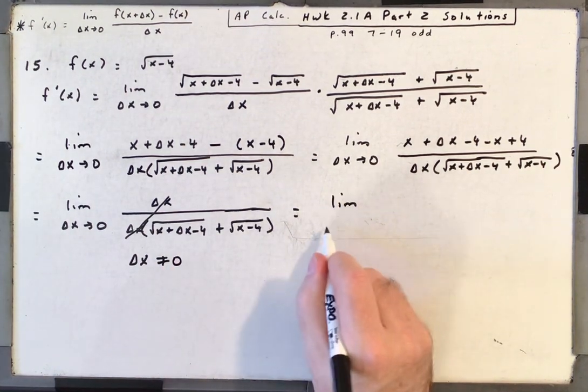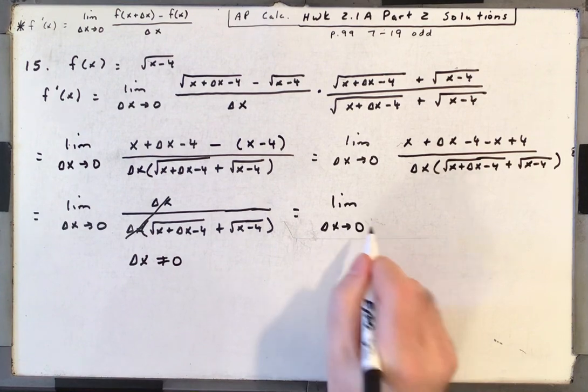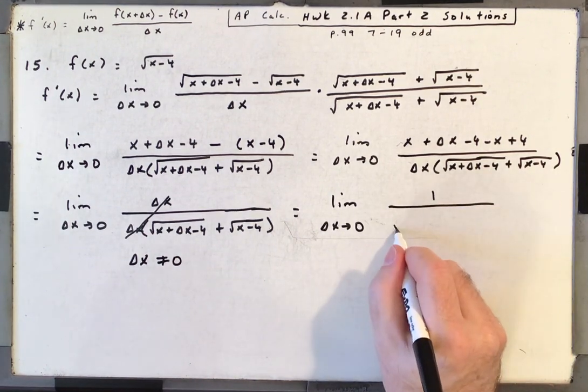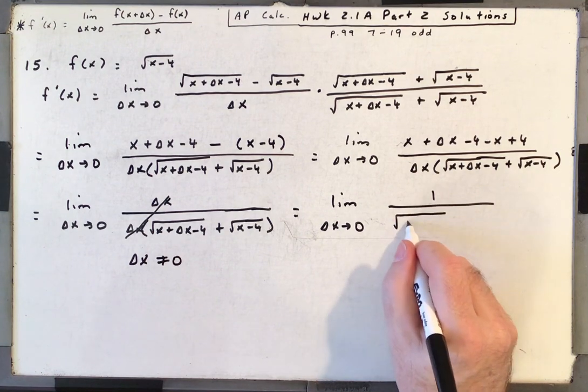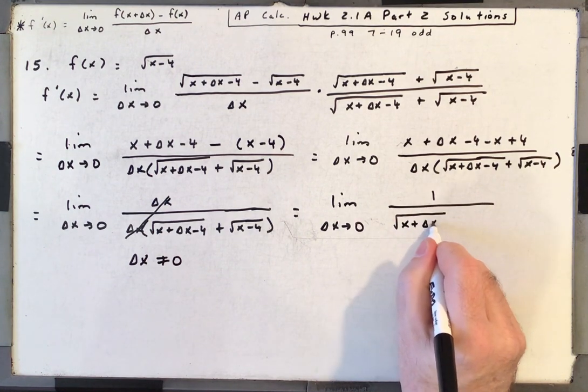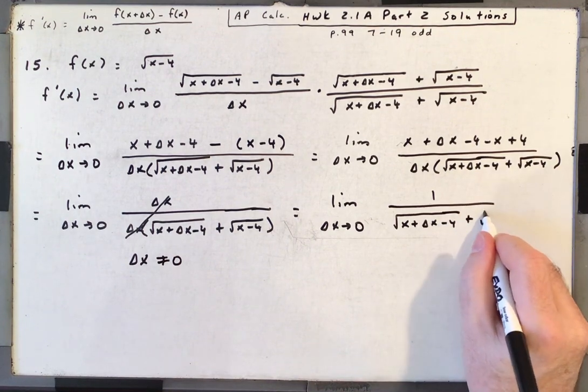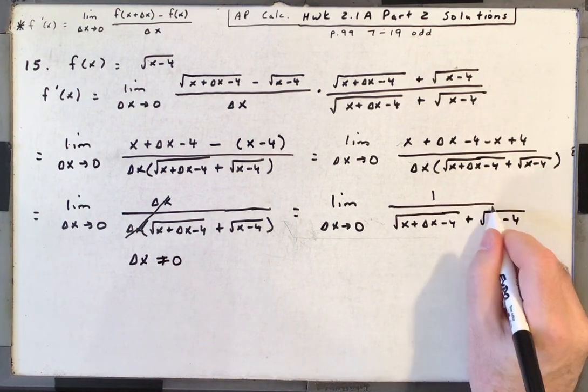And you have the limit as delta x approaches 0 of 1 over the square root of x plus delta x minus 4 plus the square root of x minus 4.